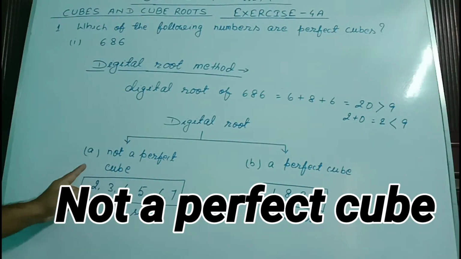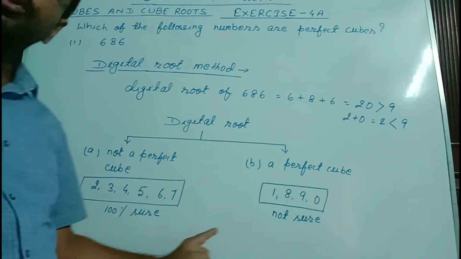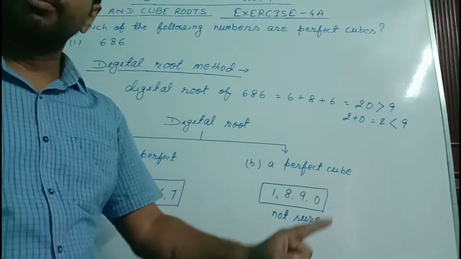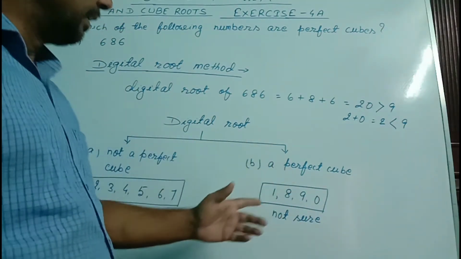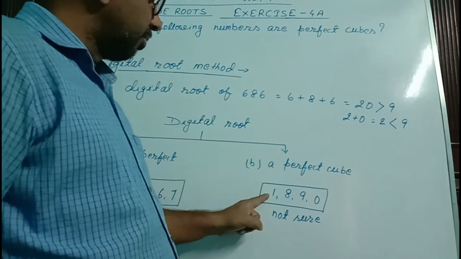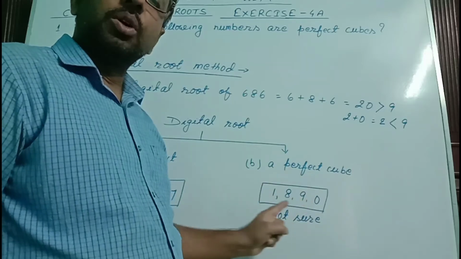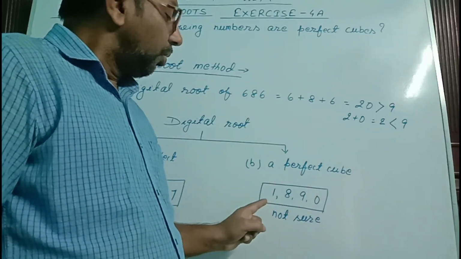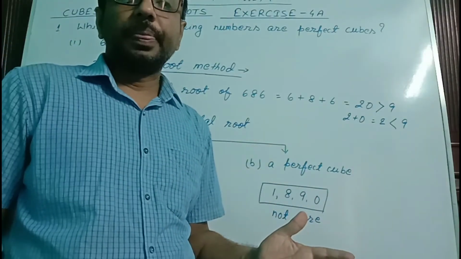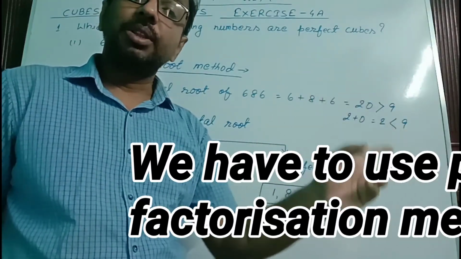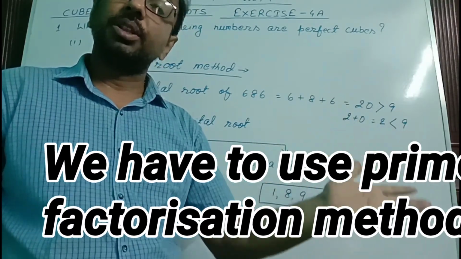And about this result we can be 100% sure that it will never be a perfect cube. Second thing, if the digital root is 1, 8, 9, 0, any one among these 4, then we can't be sure. That may be a perfect cube, that may not be a perfect cube.